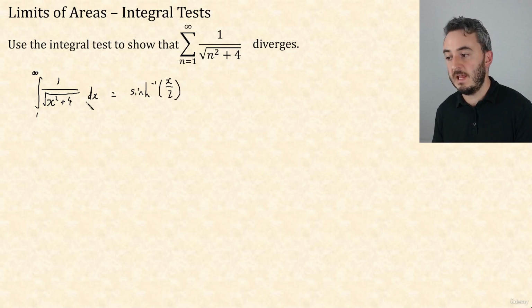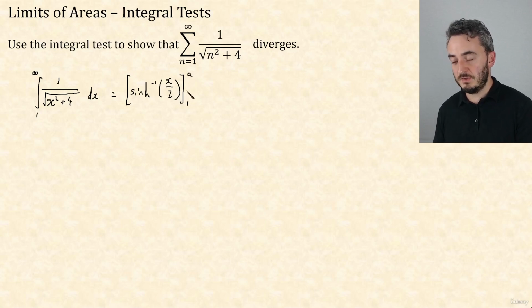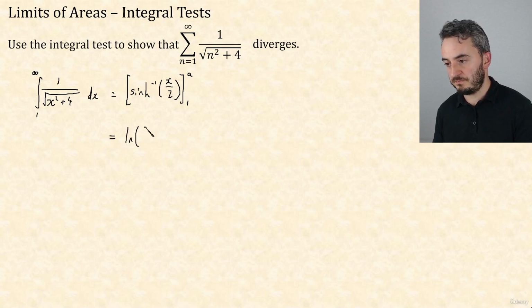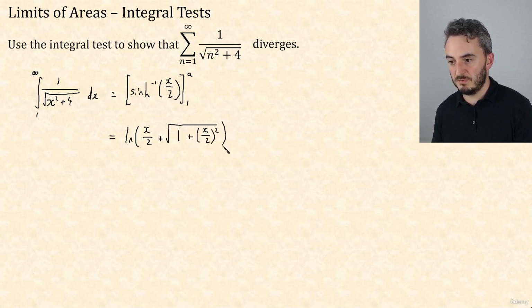It's perfectly in the form we needed. So there's the answer. And really what we're doing is just considering this as a tends to infinity. And this is where we would maybe consider the full form of that, which is ln of x over 2 plus the square root of 1 plus x over 2 squared, which was the result we got when we didn't use it, which is nice to see.